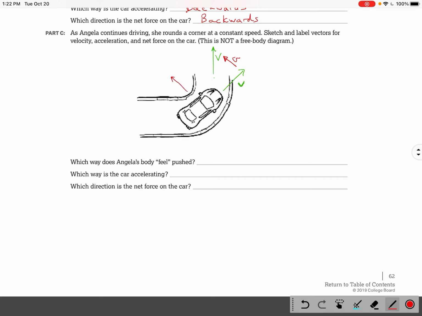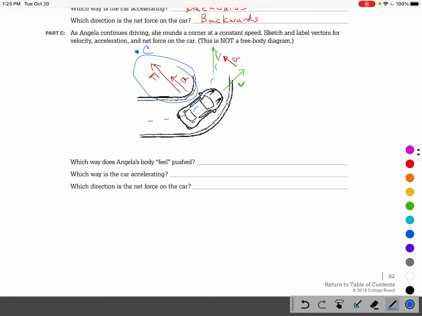So our acceleration is in that direction, and so we know that our sum of forces must be in that direction as well. And what we find when we're going around a circular path is that the sum of forces and the acceleration are always pointed towards the center of the circle upon which the car is on the path.